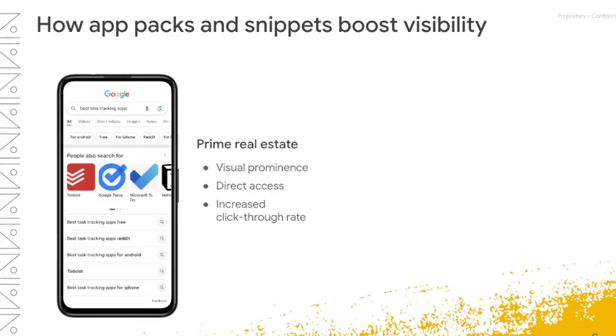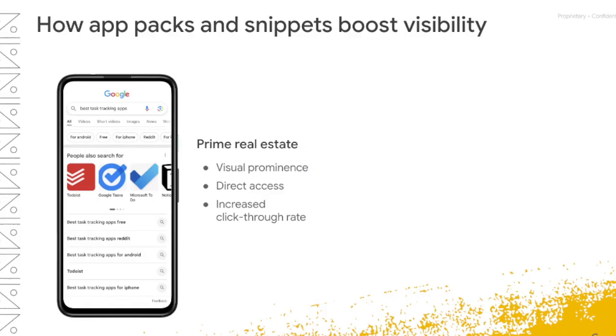It also gives the user quick direct access. So it almost provides a frictionless path to download, again, encouraging quick downloads, quick clicks. So users can tap on your app's icon within the pack and be taken directly to its store page. And this removes any extra steps and increases the likelihood of downloads and installation.